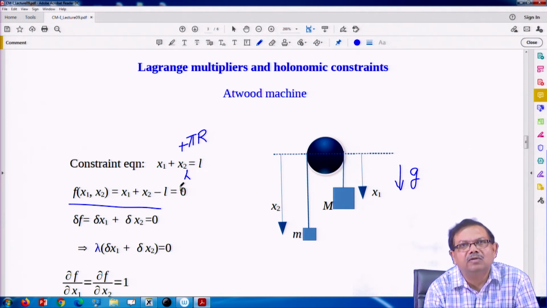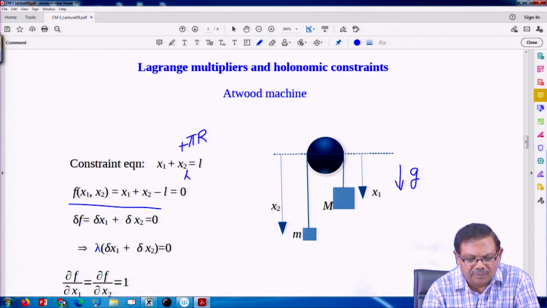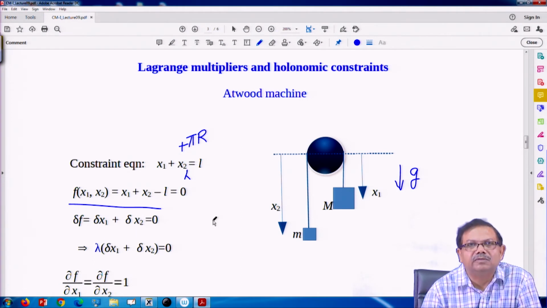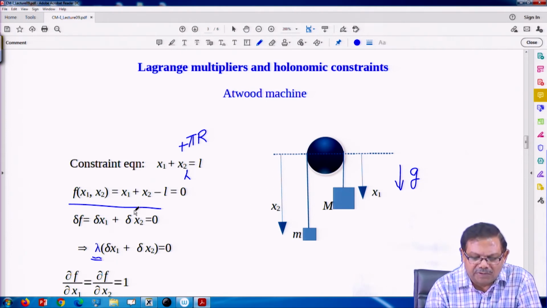So, this is a holonomic system, and if we take the variation of this, we will get delta x 1 plus delta x 2 equal to 0. Now, again delta x 1 and delta x 2 are not independent of each other, but their sum is 0. So, I can multiply this with a multiplier lambda because this is 0.